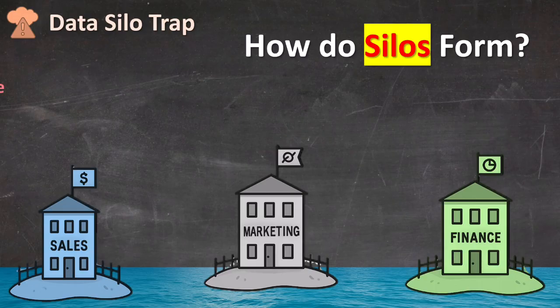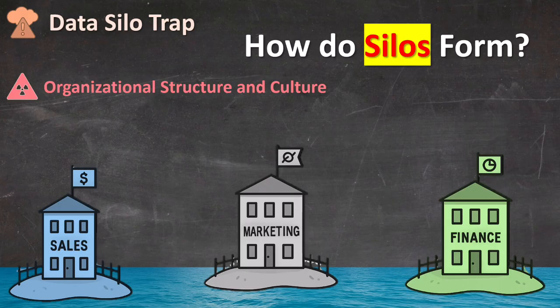It's partly due to organizational structure and culture. Traditionally, departments operated pretty independently, each with its own processes and jargon. Technology plays a role too. Different teams adopt different software, spreadsheets, databases, SaaS apps, and so on, many of which weren't designed to easily share data with others. The result?